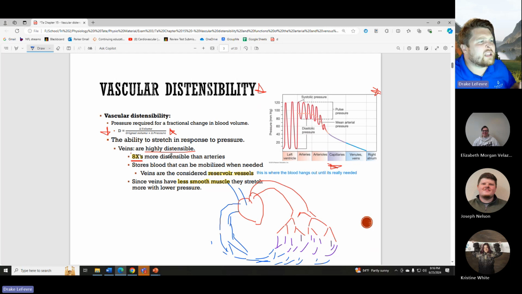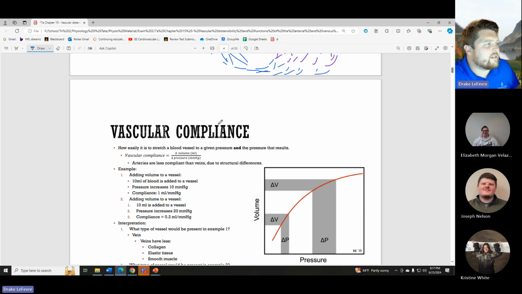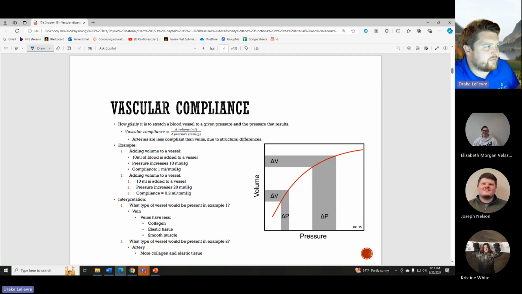You want to know both of the formulas, but the only question he'll ask you that might be tricky is he'll give you a straight definition, where vascular distensibility is the ability to stretch in response to pressure, versus compliance is how easy it is to stretch the blood vessel.